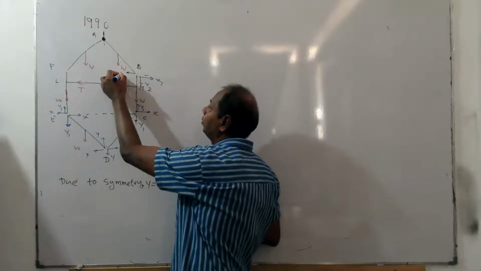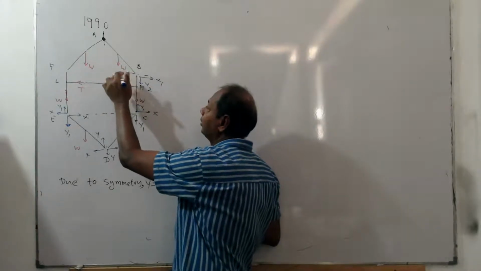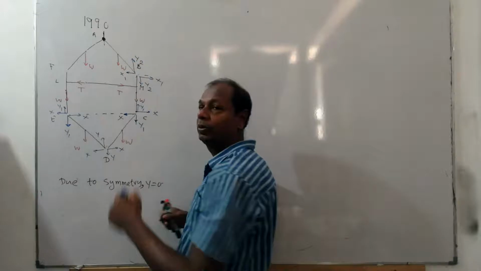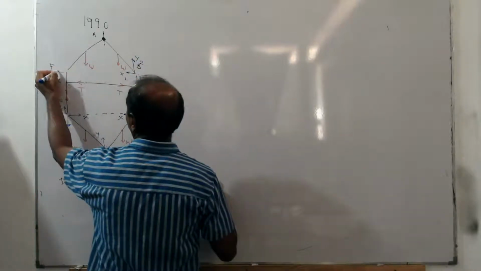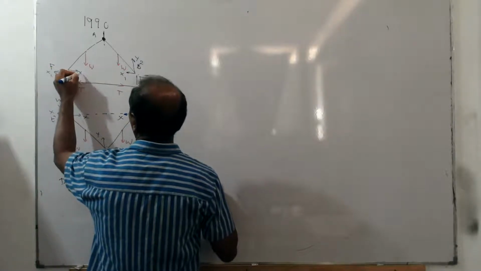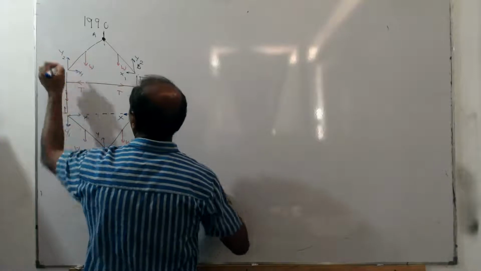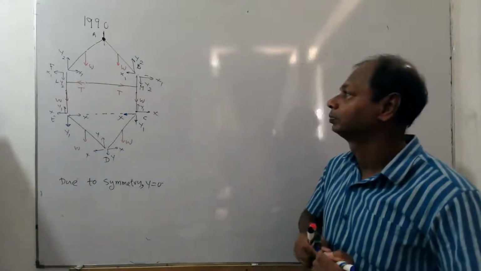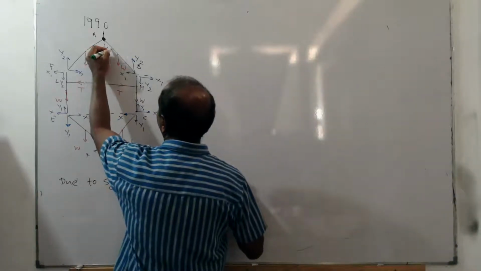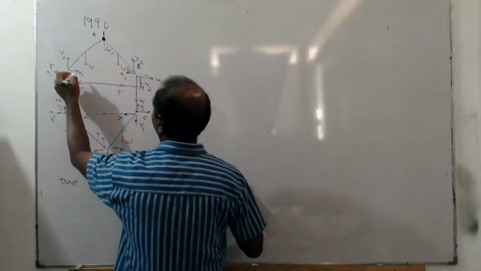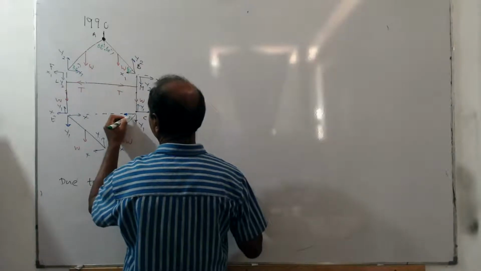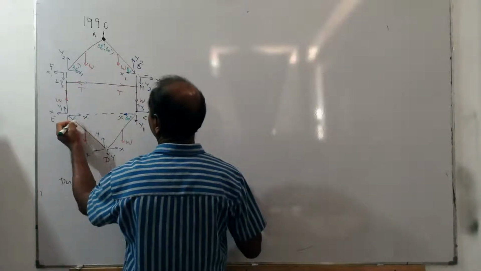Then for equilibrium, the same x1 in opposite direction, and y2 here also by symmetry. This angle is 60 degrees, this will be 30. You will need these 30 and 60 for the regular hexagon.